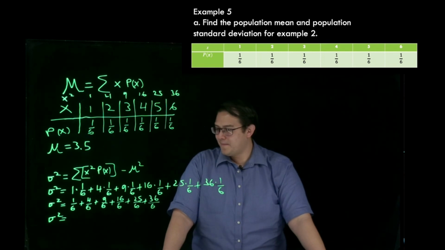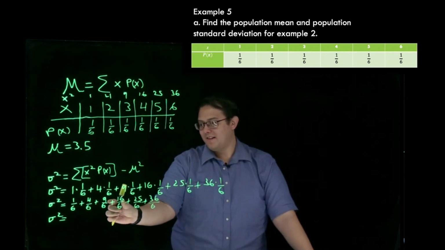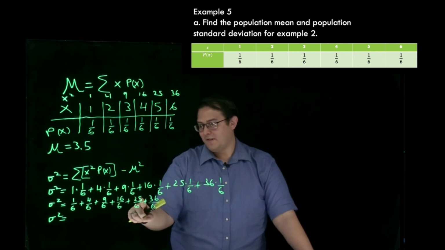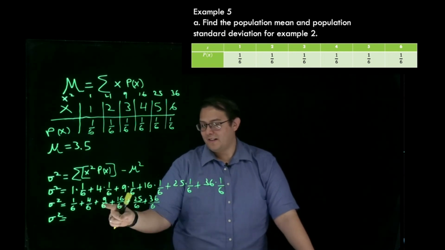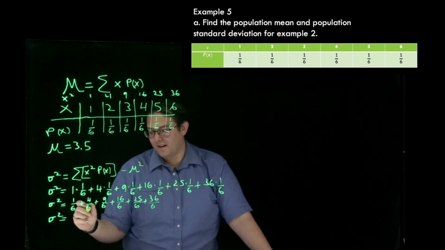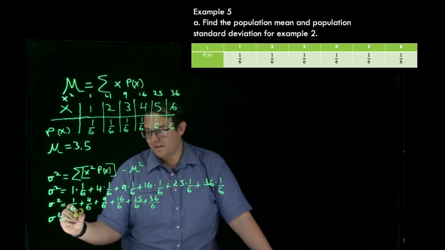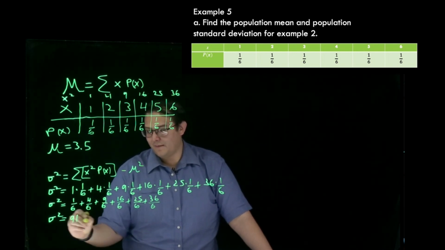It's not too bad. If I add 9 and 16, that's 25. So then 25 plus 25 is 50. So these right here are 50. And then these two is 5, so that's 55. So then you have 55 plus 36. That should give you 91, I believe.